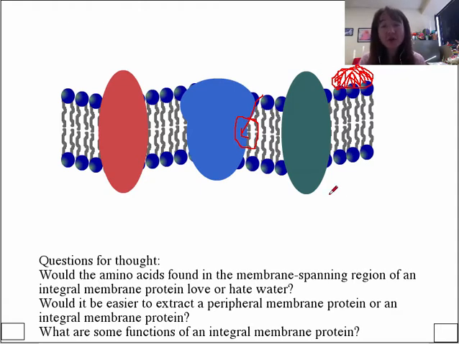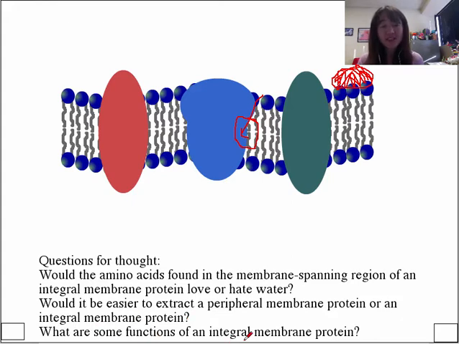So in order to get an integral membrane protein out, you would have to treat with detergents, you would have to solubilize the membrane, and it would be quite a task. Whereas all you'd have to really do to get a peripheral membrane protein is add some salt and cause some of the protonation states on the amino acids to change, and it would be very easy to isolate a peripheral membrane protein. So the answer to that question: it'd be a lot easier to isolate a peripheral membrane protein than an integral membrane protein.